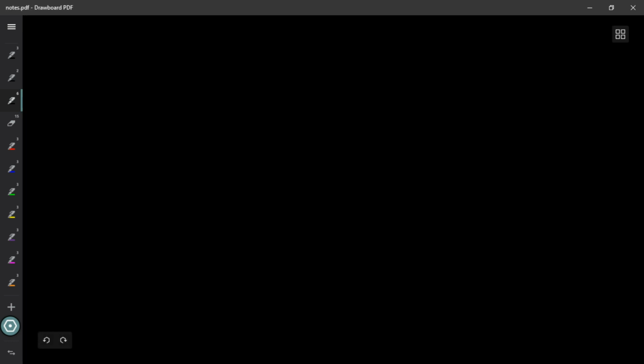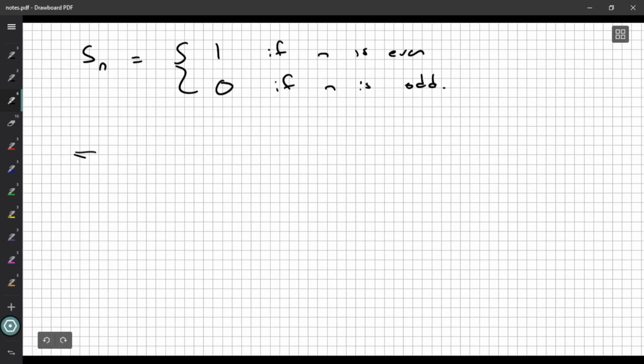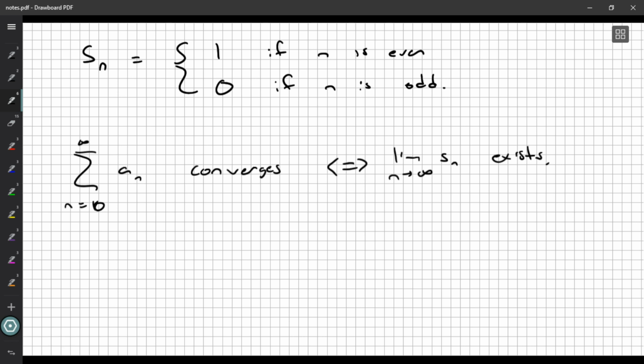Well, what do we know about series convergence or divergence? Okay, well, our sum, which should start at 0 here, converges exactly if the limit of the partial sums exists. So we have to ask ourselves, do the S_n's here settle down? Does the limit exist?